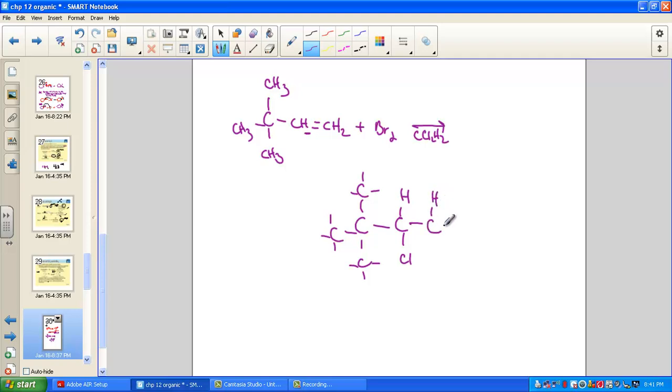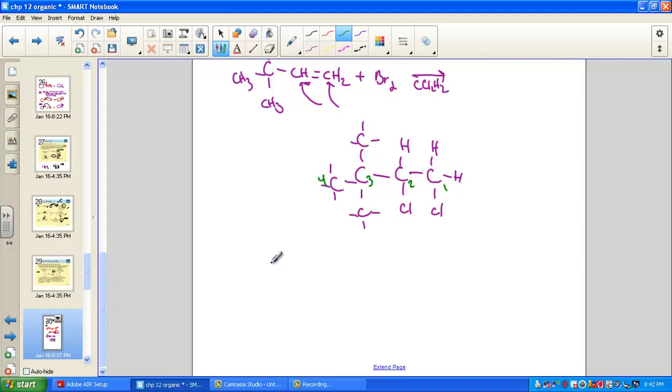We have 2 hydrogens and now a second chlorine attaching here and attaching there. Alrighty. 1, 2, 3, 4 carbons is the longest chain, giving precedence to reaching here. So I'll just go straight across.